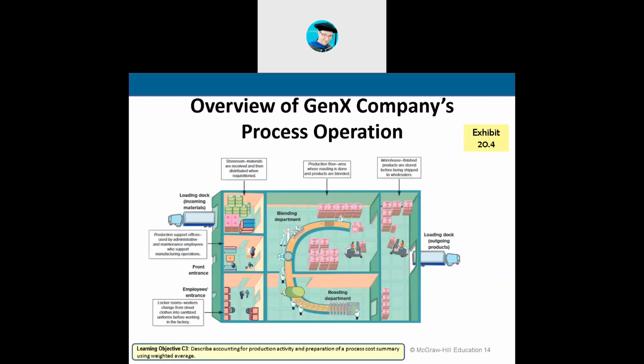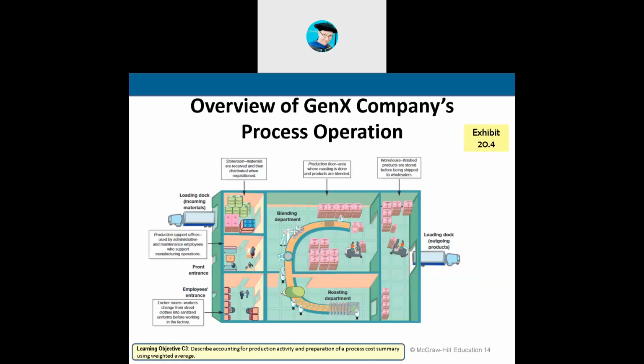And then it moves toward the end of the line, the packaging. The product gets packaged, set aside, and moved out to the loading dock. In packaging, I'm adding additional direct materials, additional labor, and additional overhead. Then we sell the product, put it on a truck, and move it out.